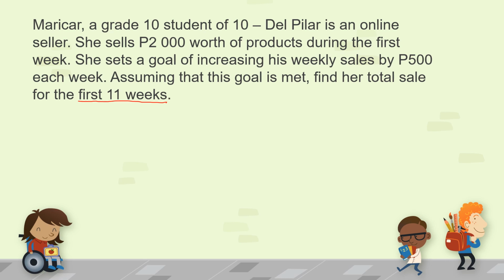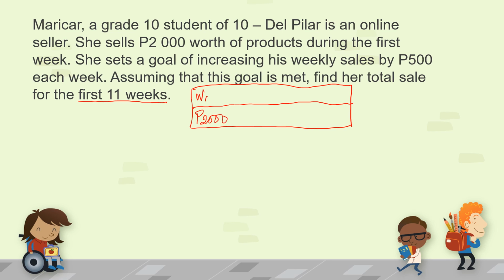So let us try to illustrate this problem using a table, so we can easily identify the given. So week 1, she sells how much? 2,000. Alright. So if her target is to increase it by 500 pesos, then week 2 would be 2,500.